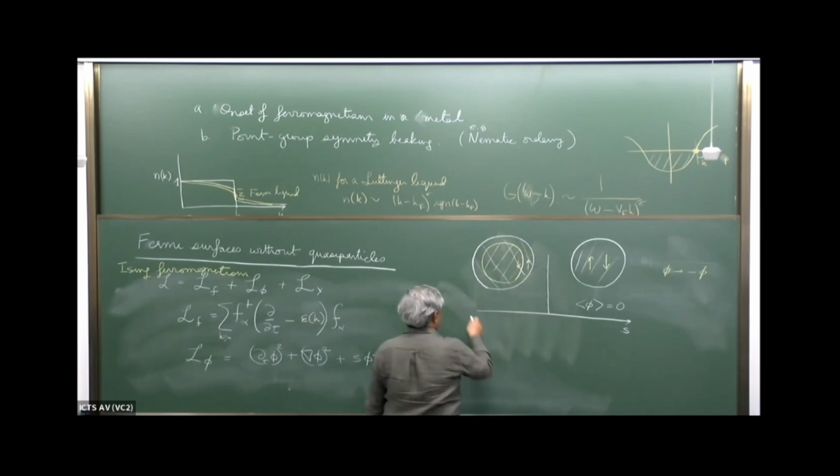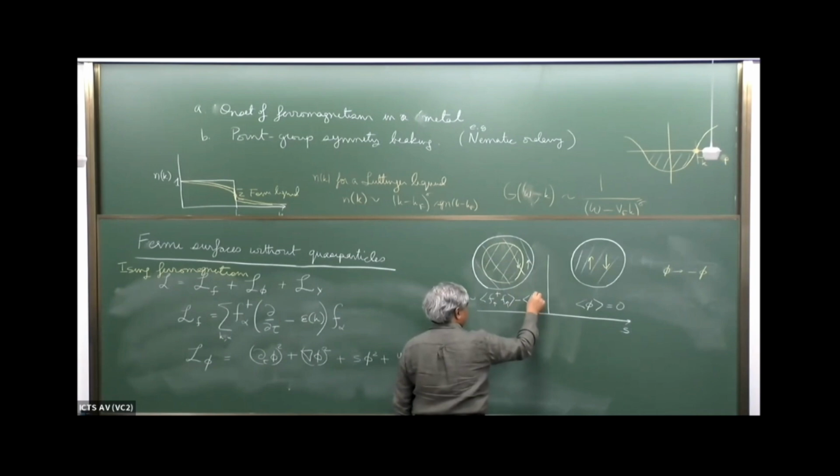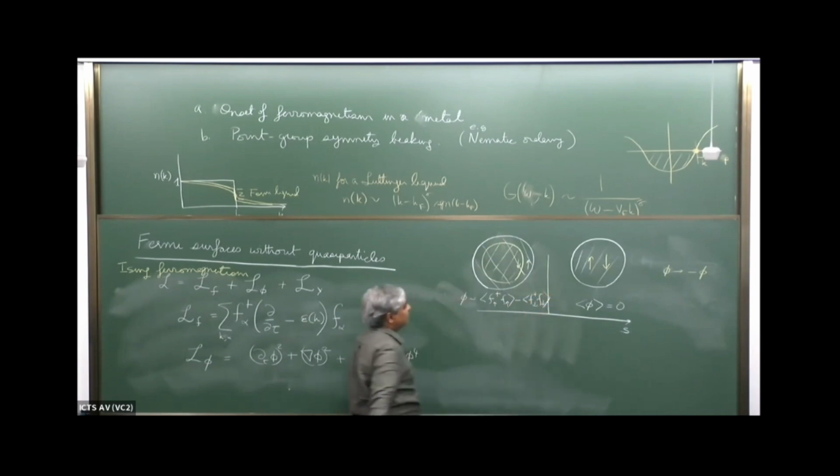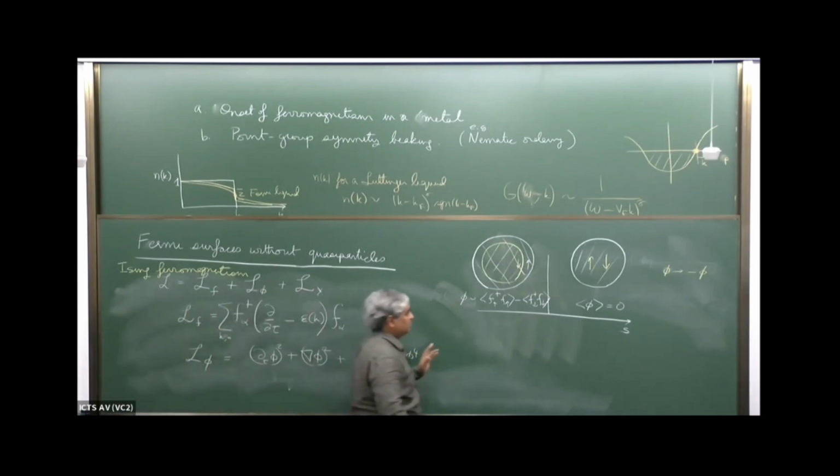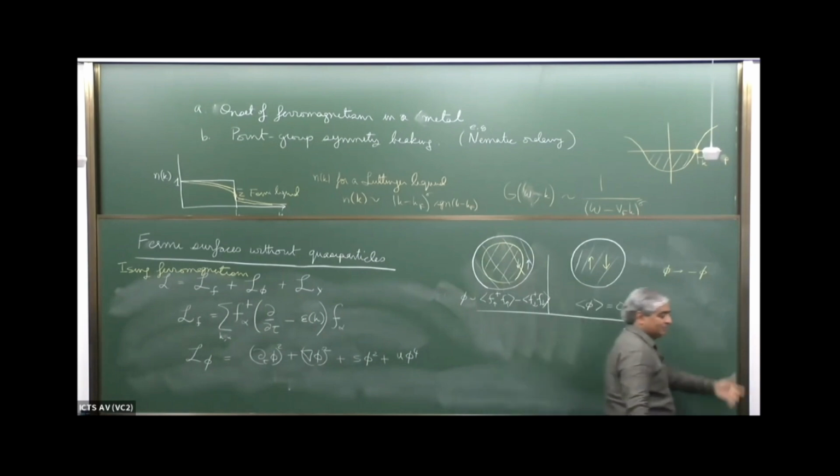So my order parameter phi is something like the number of up spin fermions minus the number of down spin fermions. Both of these states, when you study them, are Fermi liquids with quasiparticles.